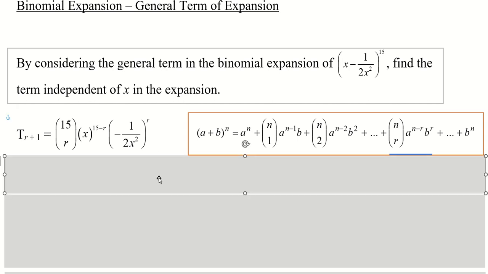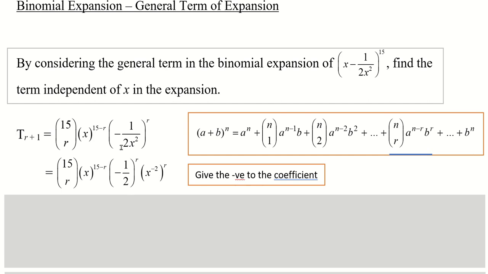And what you do next is you will have to split up this. What you want to do is to combine all the x terms together. So if you have x and if you have x here, you need to make them such that you can combine them together. So what you do is you split this expression into negative half and x power negative 2.